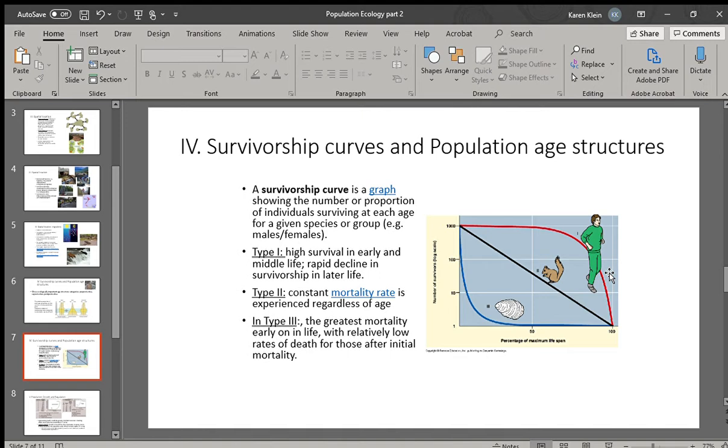A type 3 survivorship curve is where you have a very high mortality in the first stages of life, but the ones that do survive to adulthood will live a very long time. Now, you see that here. So high mortality in the beginning, and then the few that do survive the first few weeks or the first few years, depending on the organism, the individual, or the species, will live to old age.